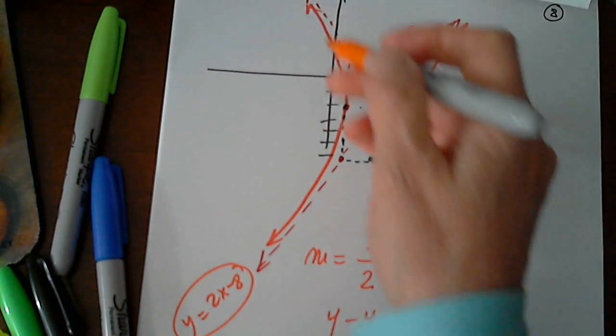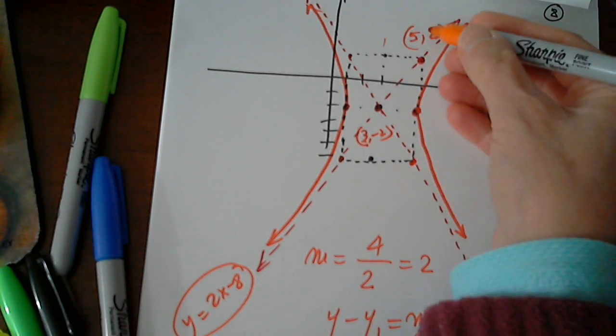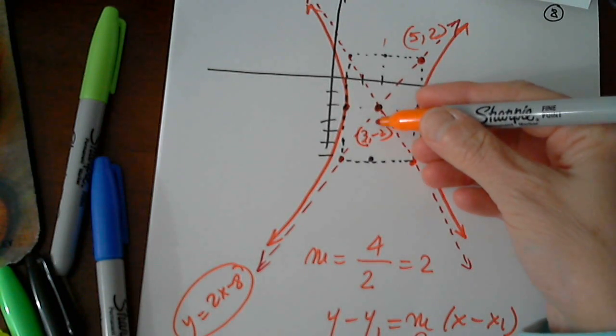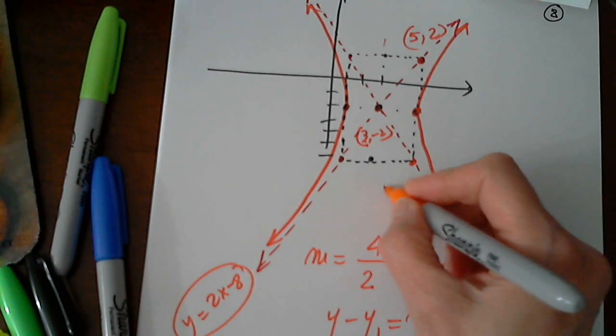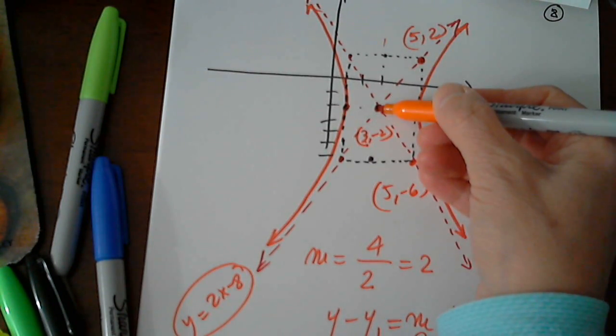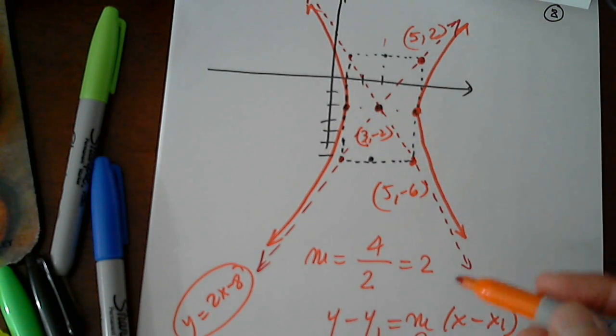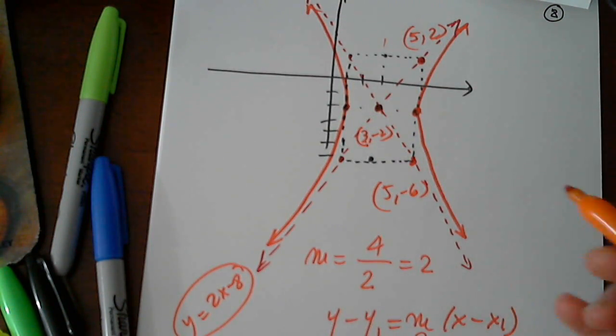In the same way I determined the other one. I know this point, which is (5, -6). I know the center. I find the slope. And I use the point slope form to find the equation of this asymptote.